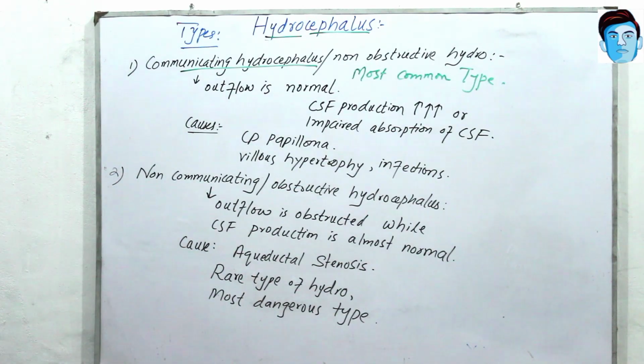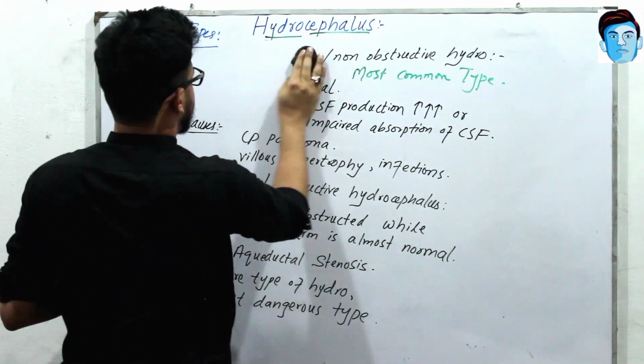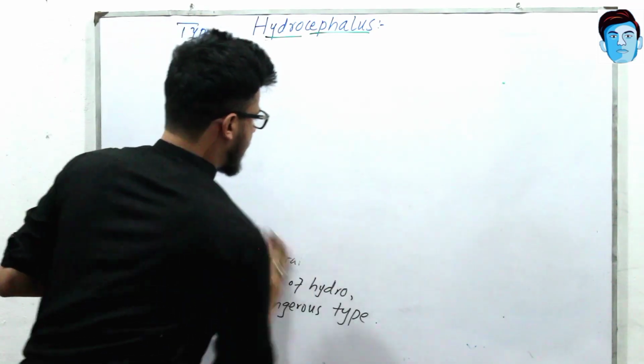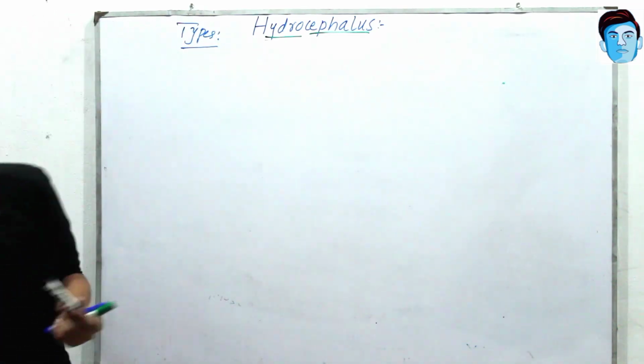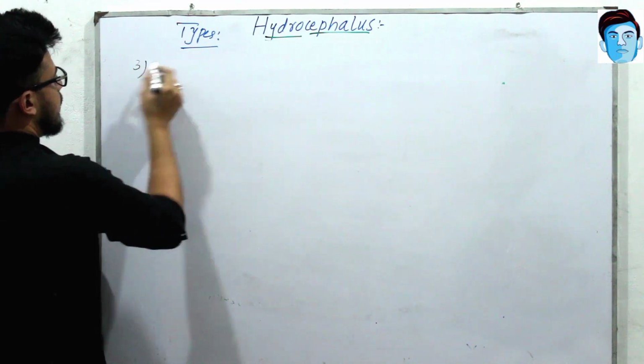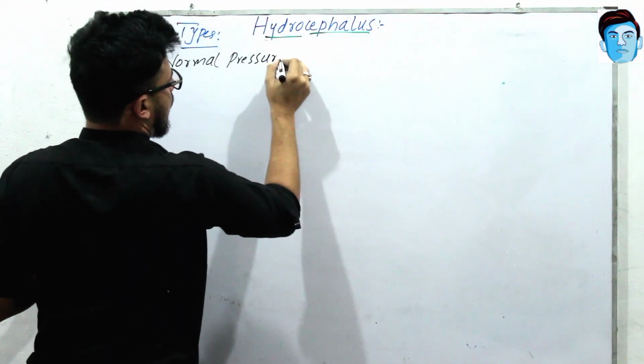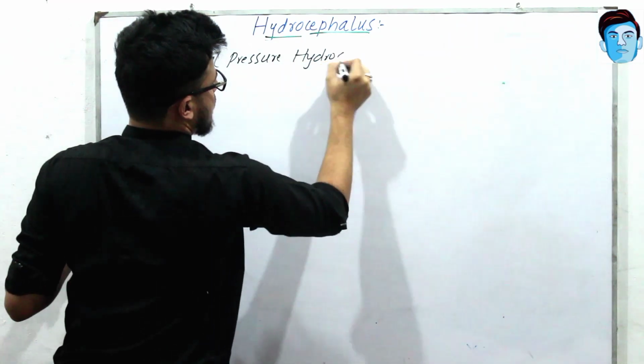Now there is a third type of hydrocephalus, called normal pressure hydrocephalus.